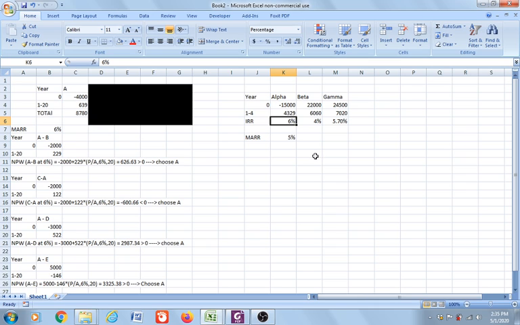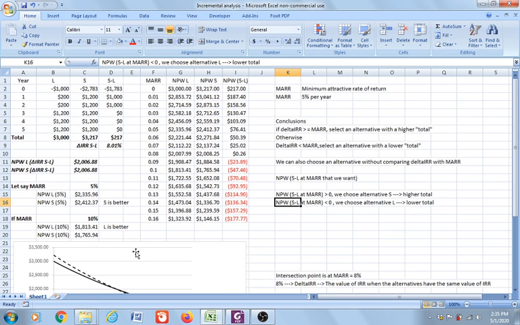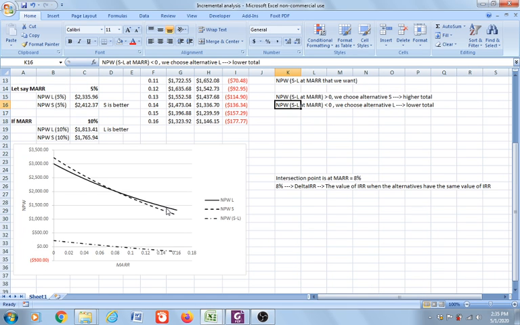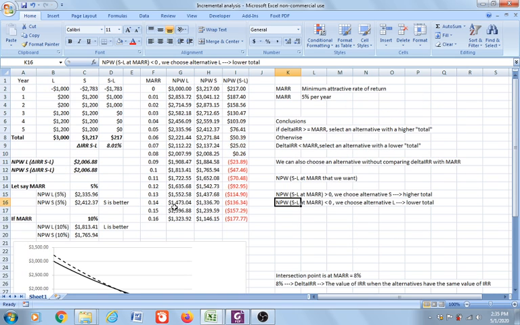Remember, because we have MARR, we will have that intersection point between 2 alternatives. When the value of MARR is less than the delta IRR, we choose the alternative that gives you the higher total.